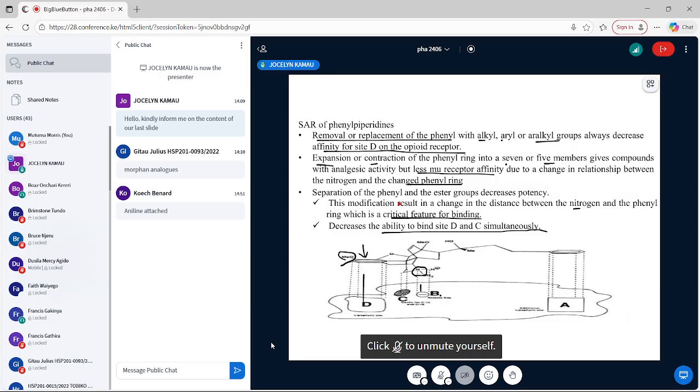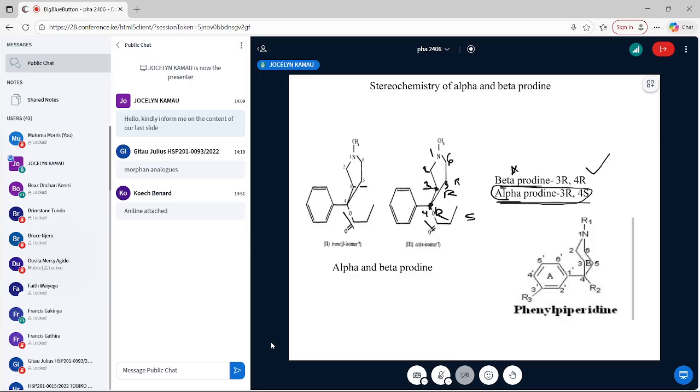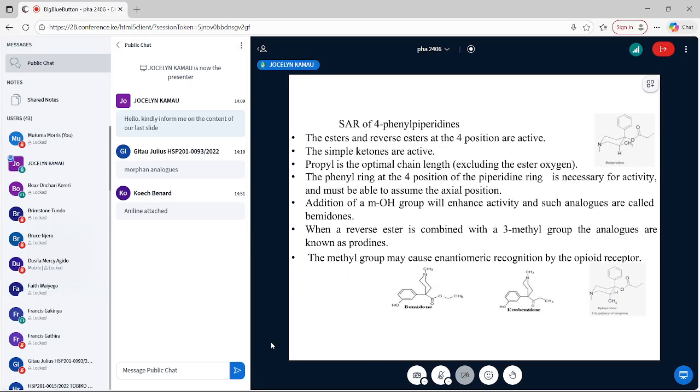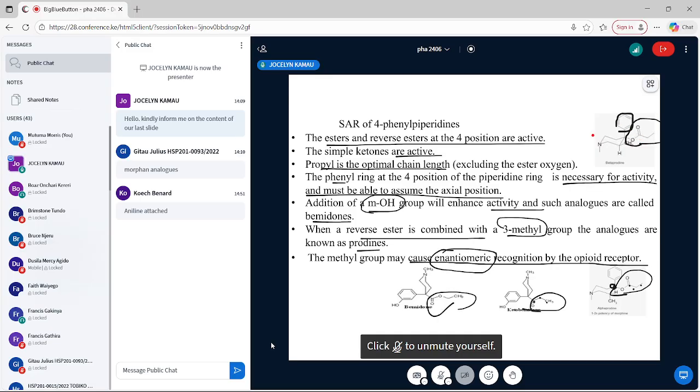So you cannot by any chance change the distance between this phenyl ring. In fact, we should not even say with the ester.